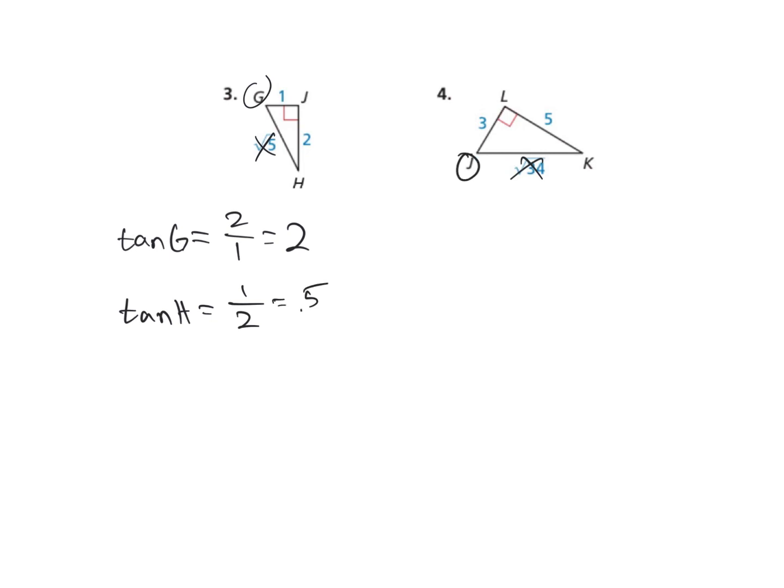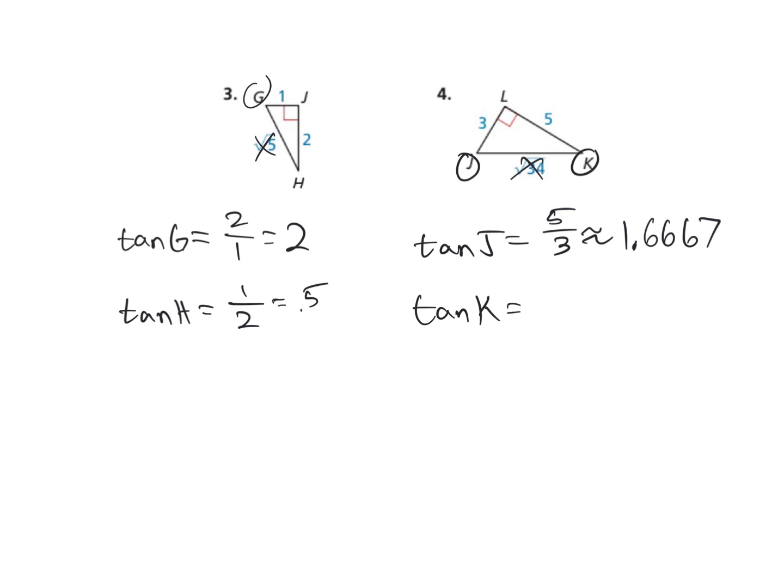Okay, here, J and K. Tangent of J, opposite leg, 5 over the attached leg, 3. So that's approximately 1.6667. Okay, and now the tangent of K is the opposite leg over the adjacent leg, and that is 0.6.